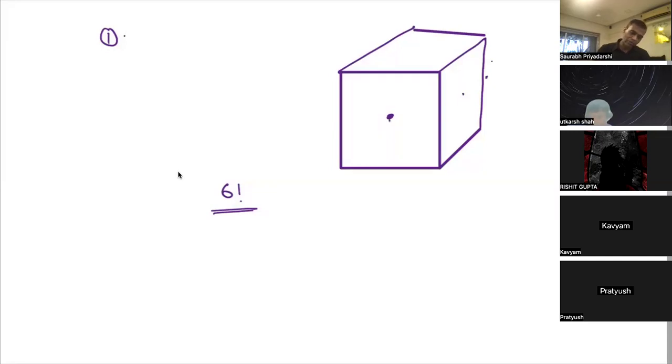So if this is red and this is white, then white-red and red-white are both the same, so the rotation could be placed in two ways.